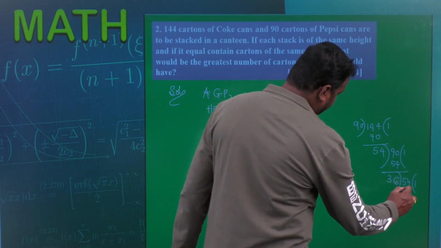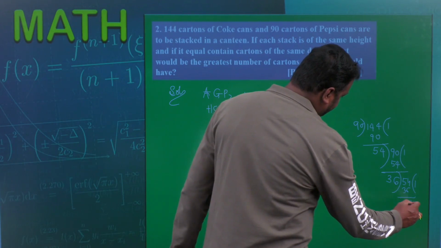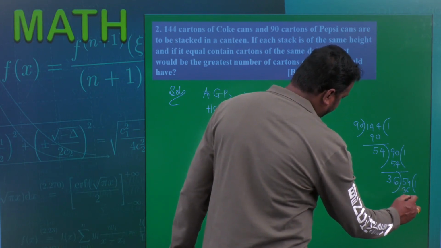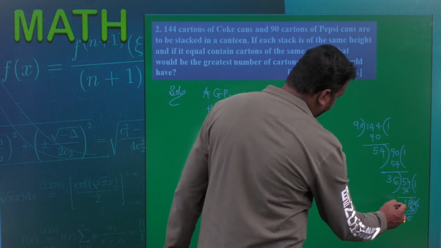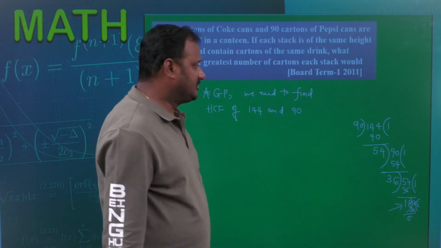So 36 ones are 36. 14 minus 6 equal to 8. 4 minus 3 equal to 1. 18, and then 36. So 18 twos are 36. So finally what do I get? 18 is the HCF of these two numbers.